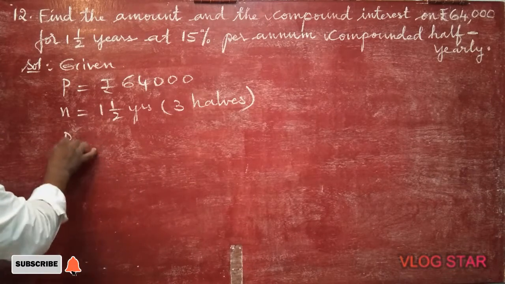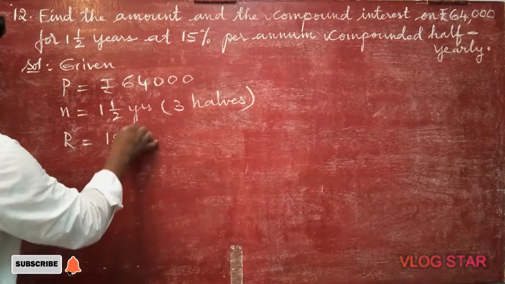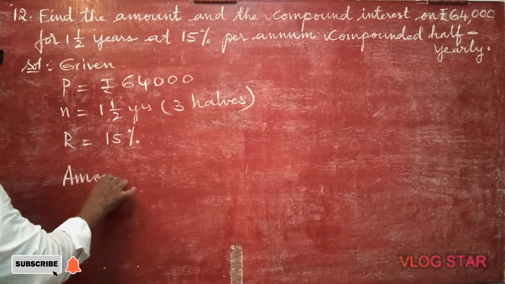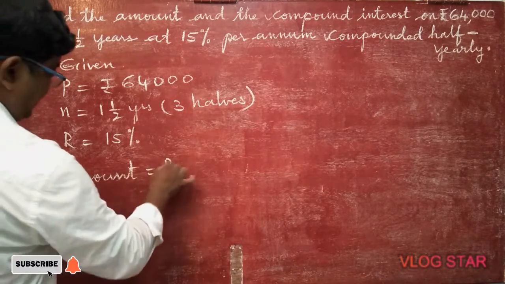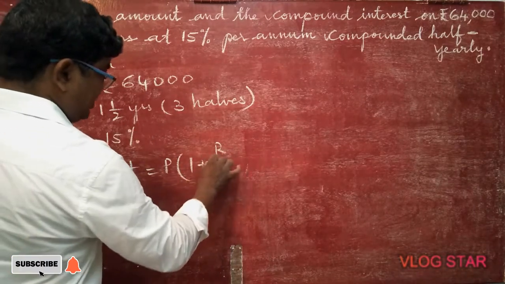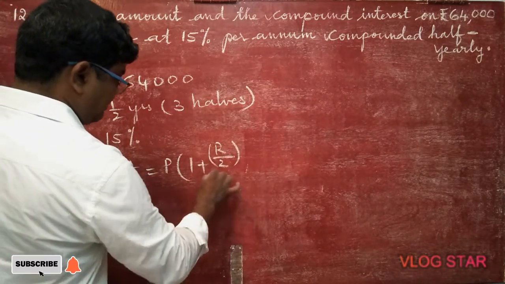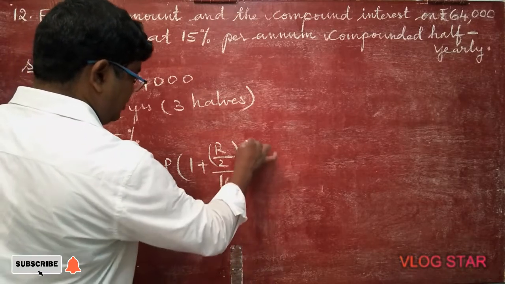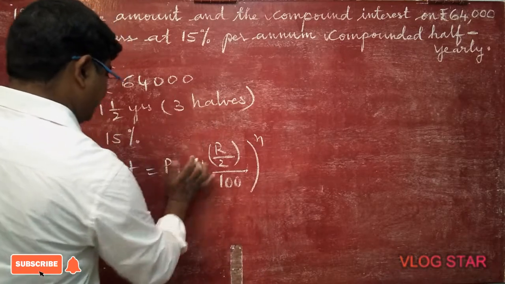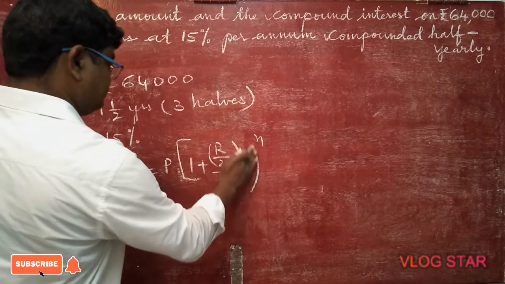Next, R they have given 15%. So what is the formula for amount? Means here amount is equal to P into 1 plus, in rate you have to take half, R by 2 by 100, whole to the power of N. You can change the bracket, square bracket.